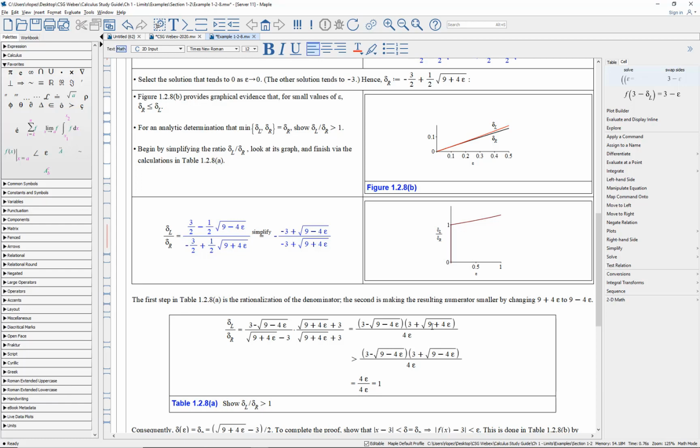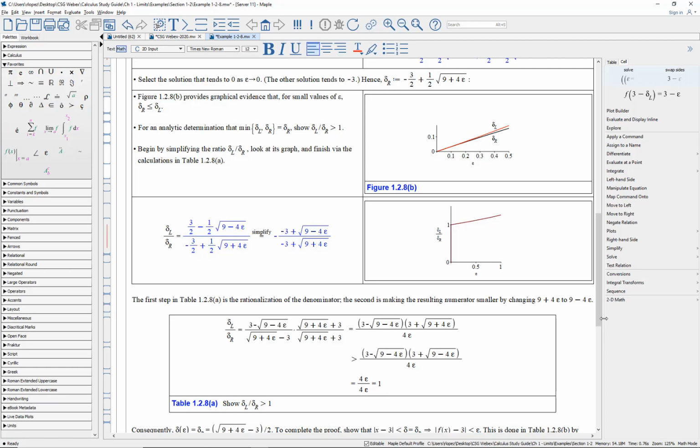Right here, it's root of 9 plus 4 epsilon, taking epsilon as positive. So if we put a minus rather than a plus, this is going to be a smaller quantity. So the inequality goes this way. And then when you do the algebra, the numerator turns out to be 4 epsilon. You're dividing by 4 epsilon. So this ratio is indeed greater than 1.